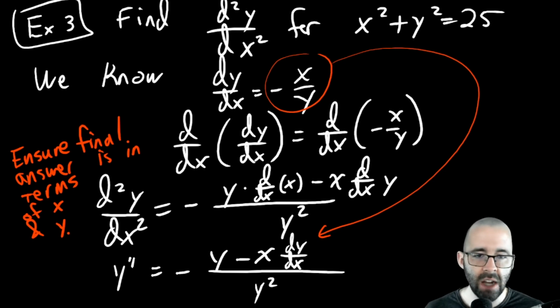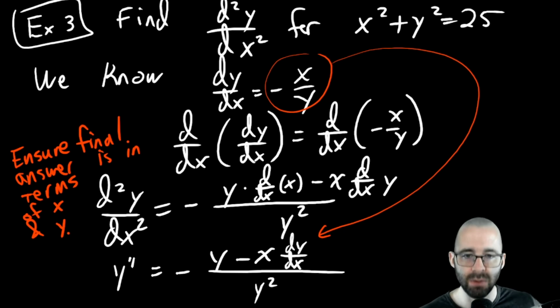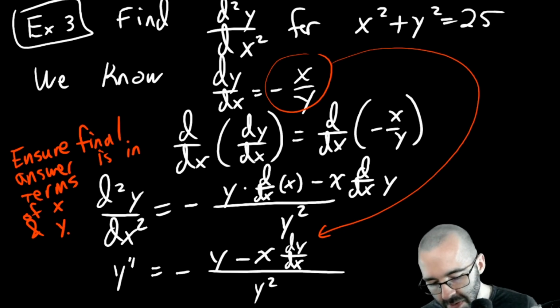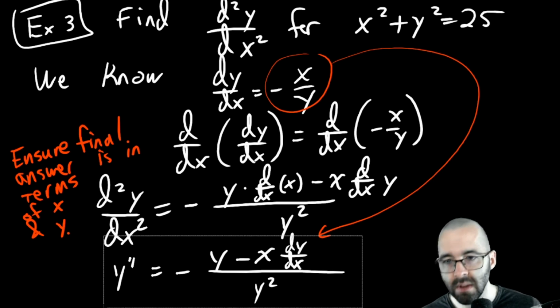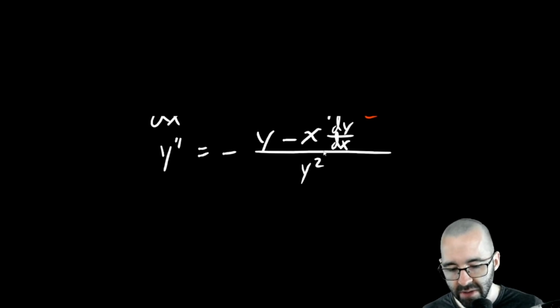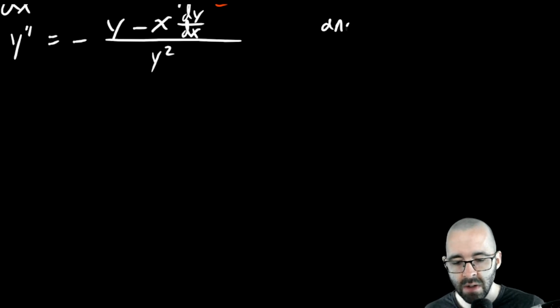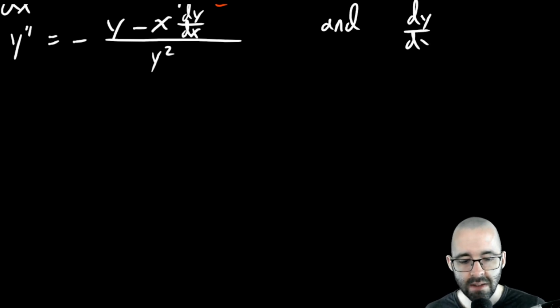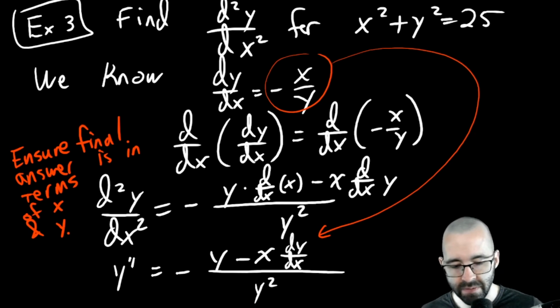Just like when we did the chain rule, we wanted to make sure there weren't any u's in the final answer. We had to substitute out that u. Well, that's exactly what we're going to do here. So we're almost done. There's just going to be a little simplifying afterwards. So this is what we have, and we know that dy dx is, I always forget it, negative x over y, right? Yeah.